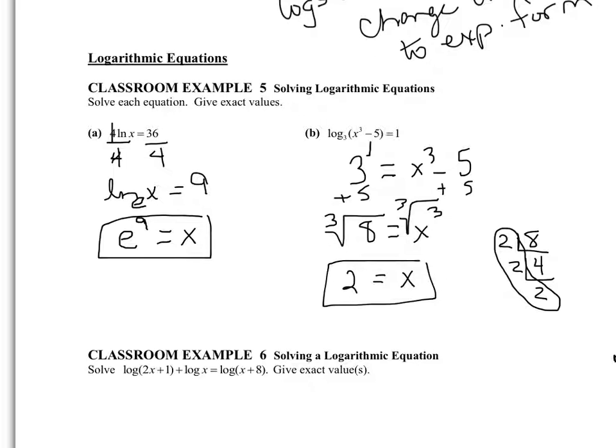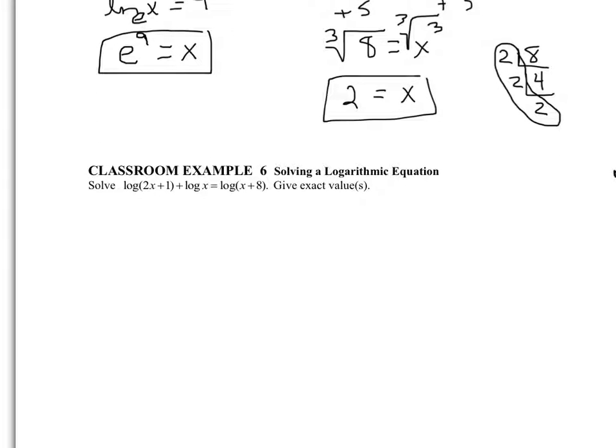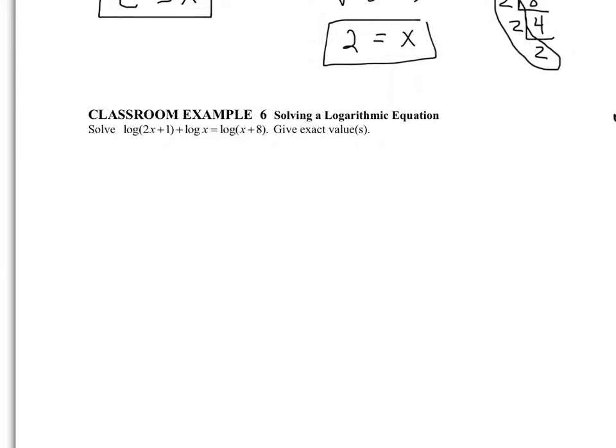Now, the last type of example is this one on classroom example 6, and I'm hoping what you notice is that we have a third type here. This is when you see logs on both sides. In fact, you might say this equation looks like there's logs everywhere. I had a student one time who said it looks like a forest.